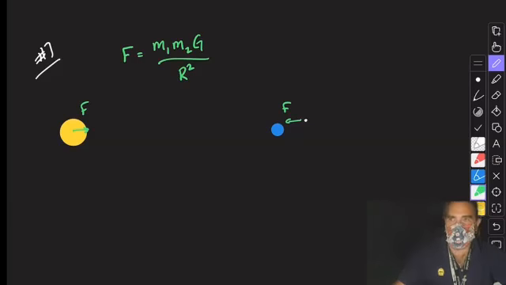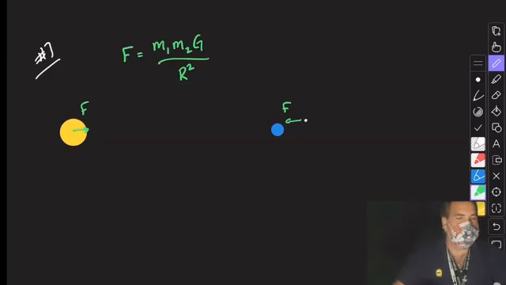So this force is the force that both objects experience. So in question 2 and 3, where they're asking the force on the moon from the earth and the force on the earth from the moon, it's the same question. So it's the same answer. There's no extra work there. Once you have found one, you have found them both.